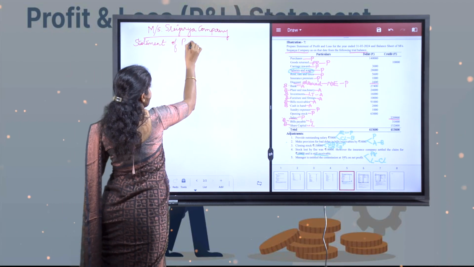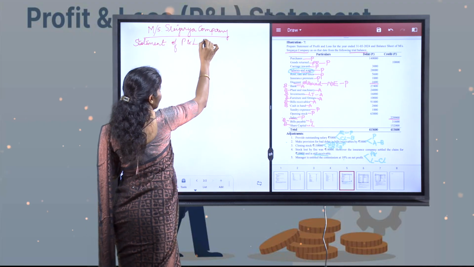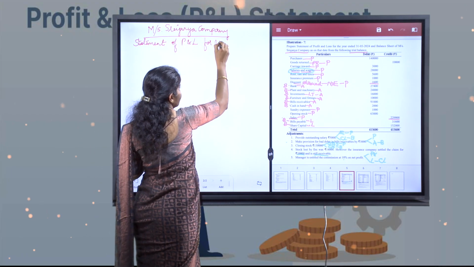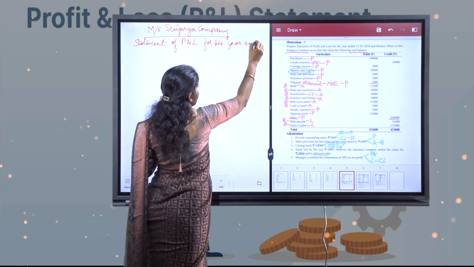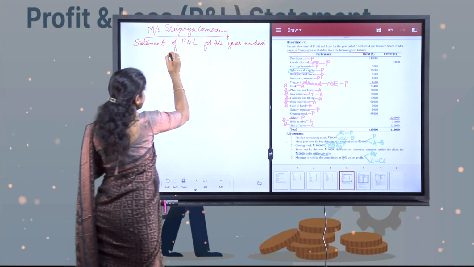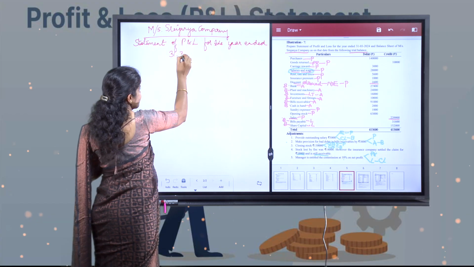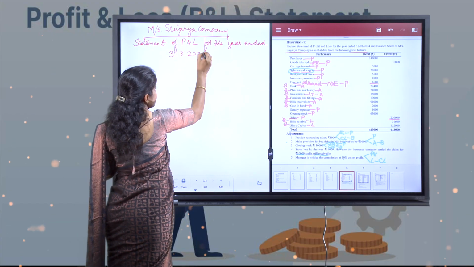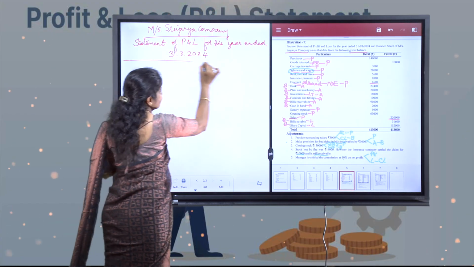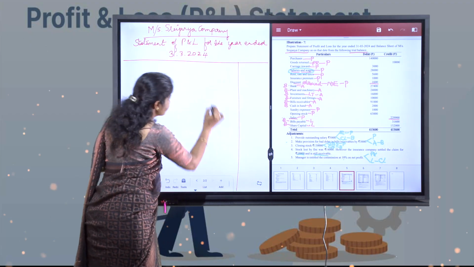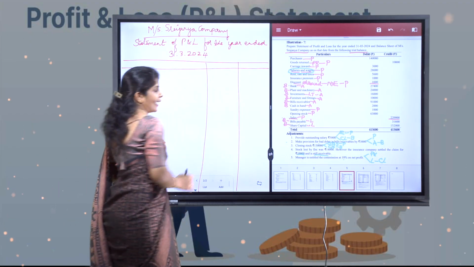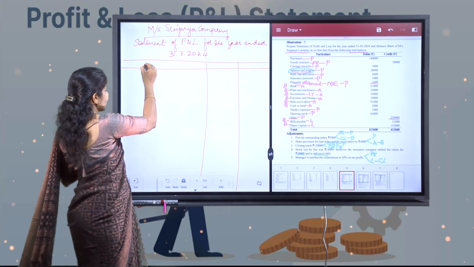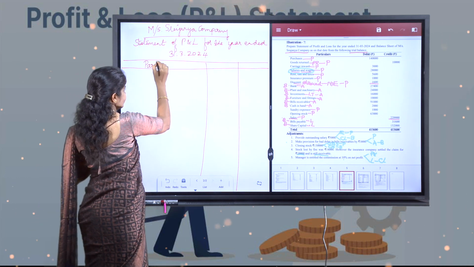Statement of profit and loss for the year ended 31st March 2024. And you know the format, particulars and amount in rupees.